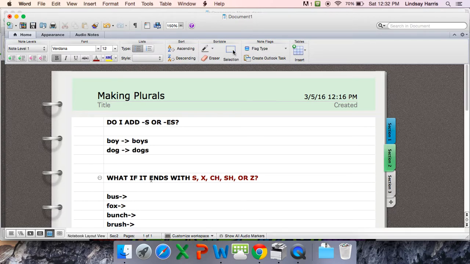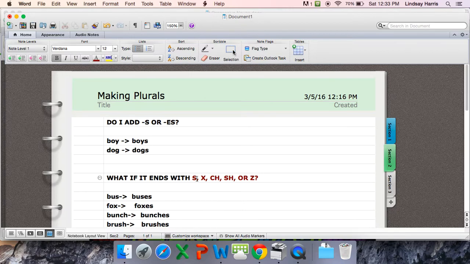But what if the word ends with s, x, ch, sh, or z, like the word bus? Well, that becomes buses. Fox becomes foxes. Bunch becomes bunches. Brush becomes brushes. Notice I added es to the ends of all of these.